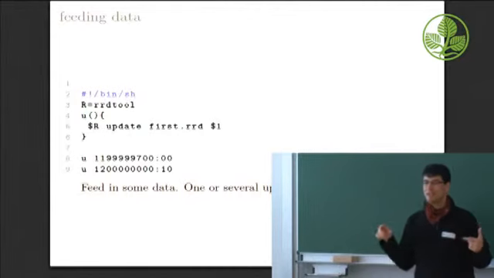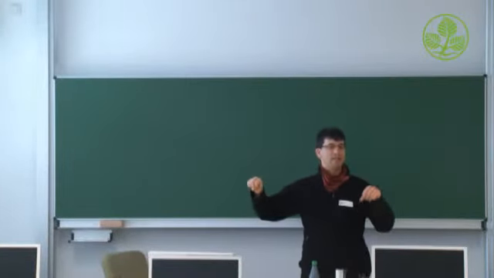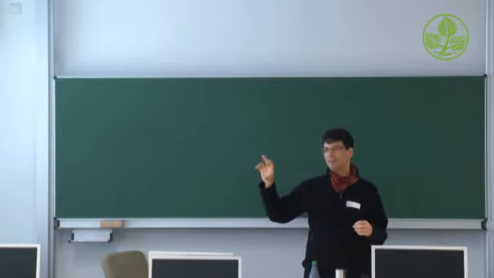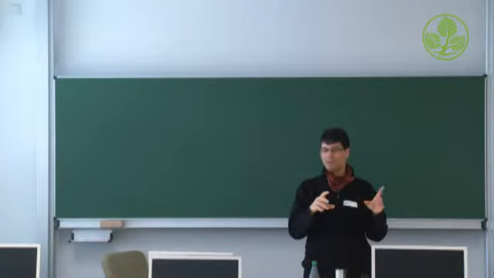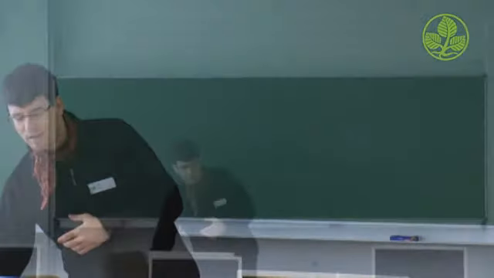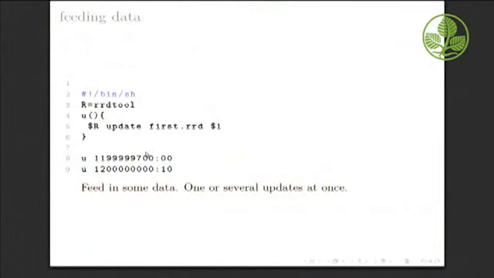OpenNMS has an engine which is able to decouple the acquisition of the data and the feeding to RRDtool, as far as I know. So it's very important in OpenNMS that it stores the acquisition time of the data and doesn't update RRDtool just by telling it, use the current time for the update. Because what you could do, if you were really simple, you could replace that long number here with the letter N. N meaning now. And then it would take the clock from your computer and just use that for the timestamp.